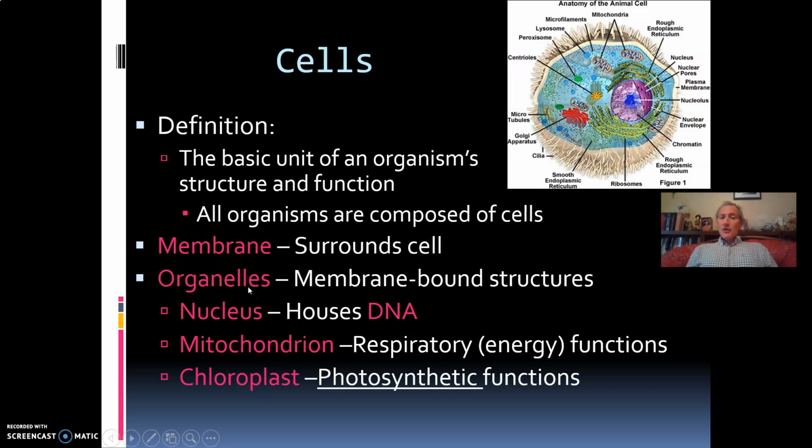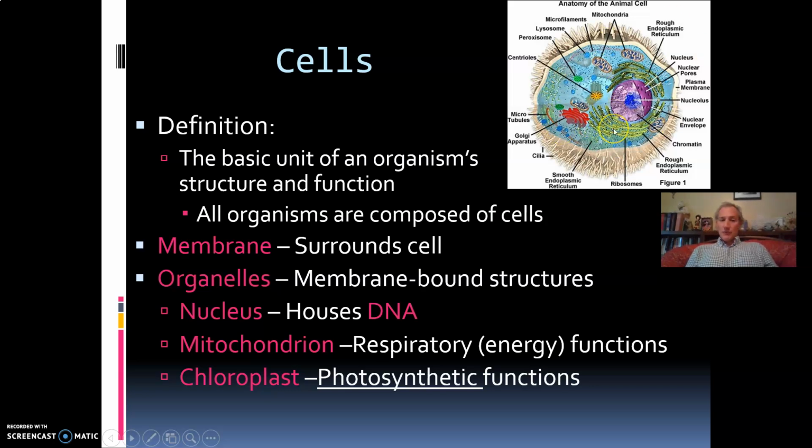And then not all cells have organelles, but some cells do. Organelles, you'll remember, are below the cellular level. An organelle is all the little parts within the cell that are membrane bound as well. So they have their own almost subcellular membrane, and in a way, they're miniature cells within a cell.